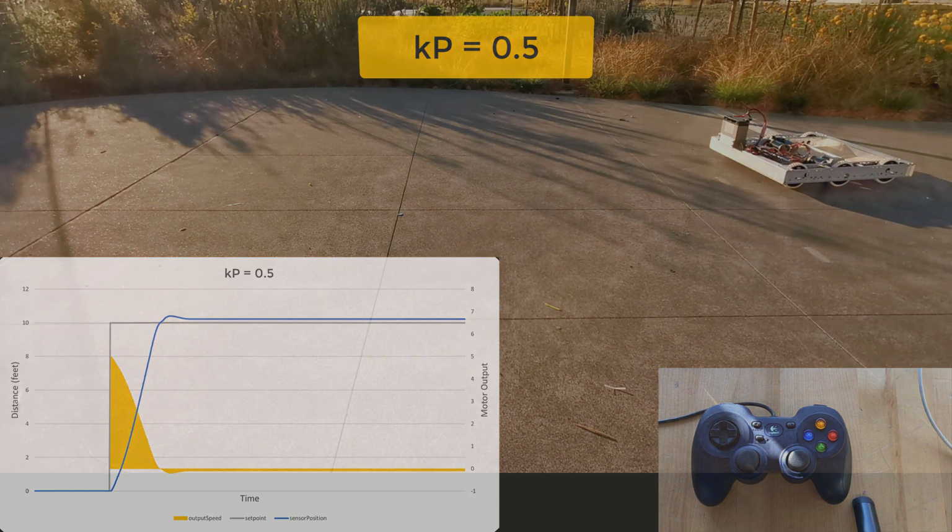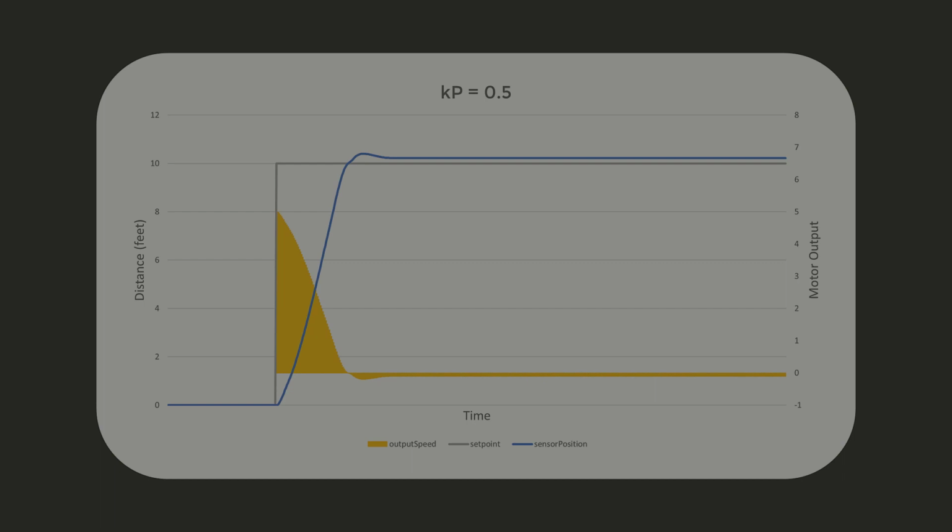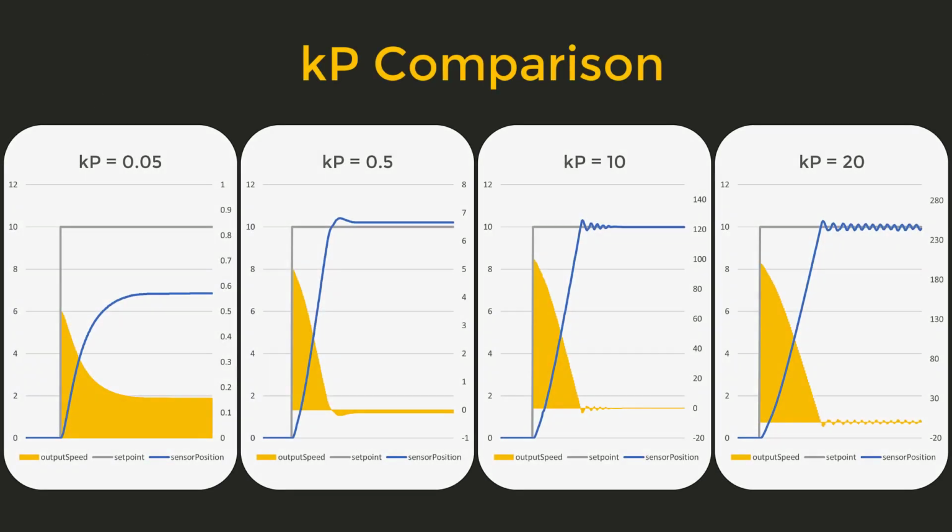And it works quite well. You can spend a lot more time tuning KP to get a slightly better result, but this value is good enough for now. Let's compare the robot's motion when KP equals 0.05, 0.5, 10, and 20.